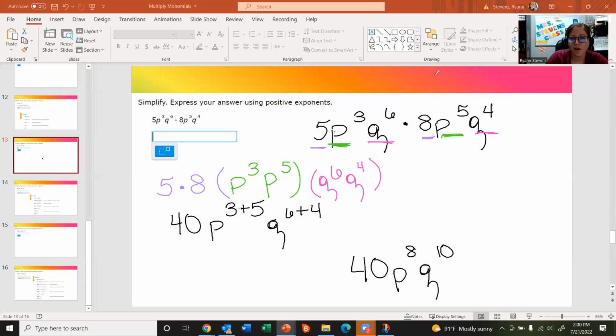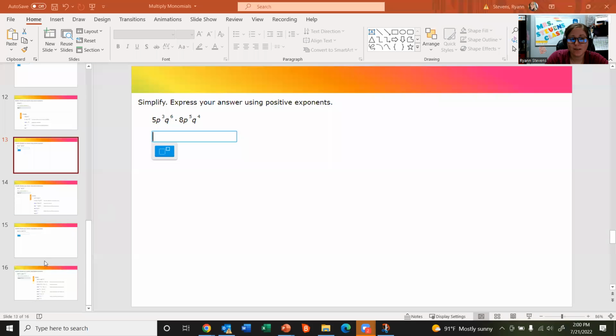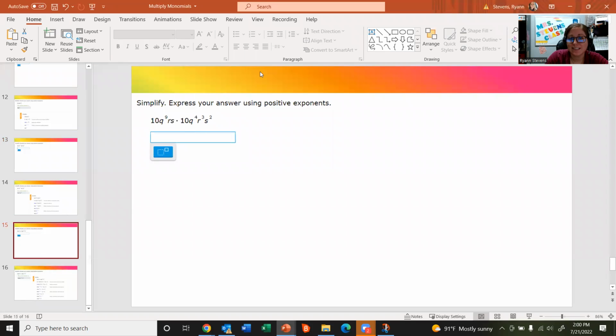And let's look at one more since we tried this more challenging one. This one's also going to be a little bit more challenging, but the same steps are involved as well. So we would have 10 q to the 9th rs times 10 q to the 4th r cubed s squared.